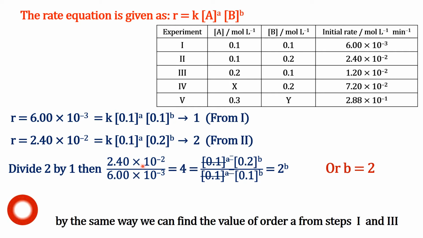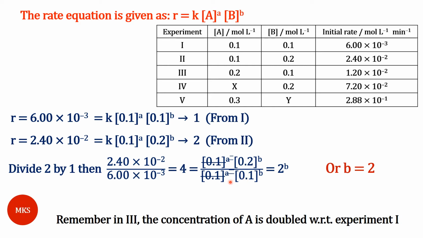In the same way, we can find the value of order a from experiments 1 and 3. Remember, in experiment 3, the concentration of A is doubled with respect to experiment 1. In the previous case, when comparing experiments 1 and 2, the concentration of B is doubled in experiment 2.